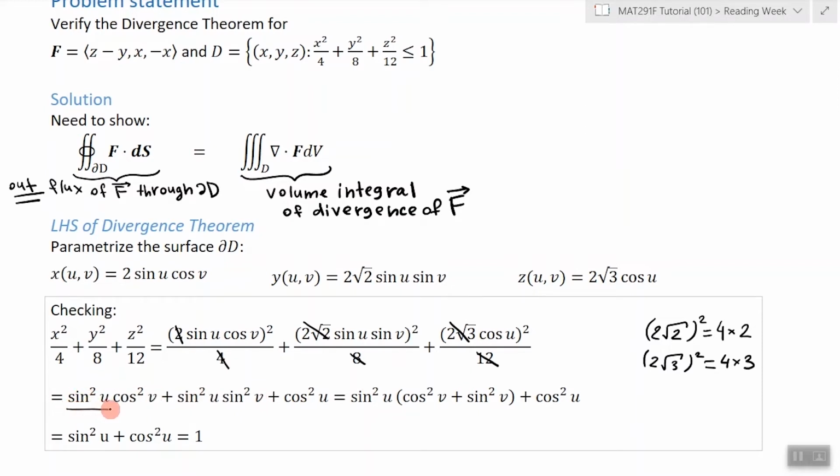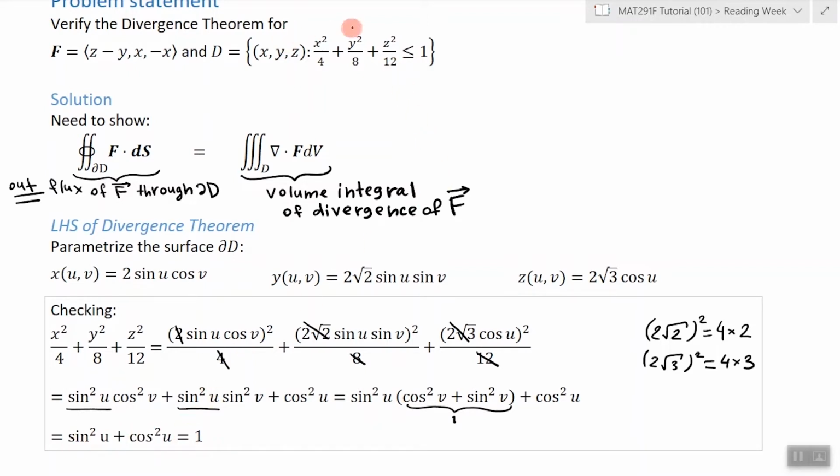Sine squared u is a common term, so this can be factored out of this sum, and we're left with cosine squared v plus sine squared v, and then plus cosine squared u. Now this part is equal to 1, right? So then we're left with sine squared u plus cosine squared u, which is also equal to 1.